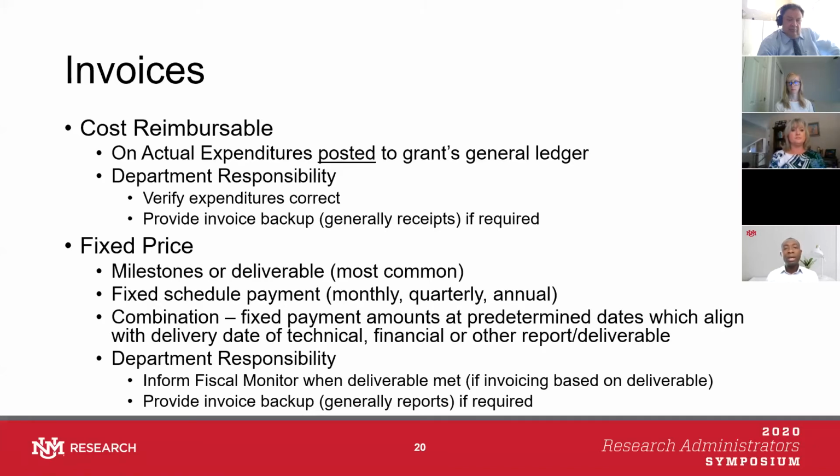For a fixed price award, usually we have to submit milestone or deliverables reports with it. Those reports are the responsibility of the PI. We need you as a department admin to help us make sure that we get those reports so that we can submit the invoicing on time.